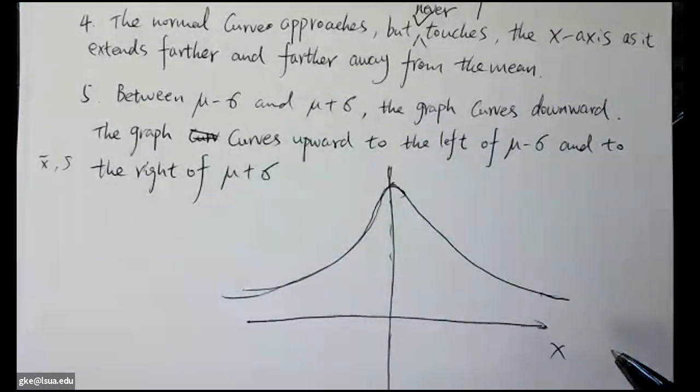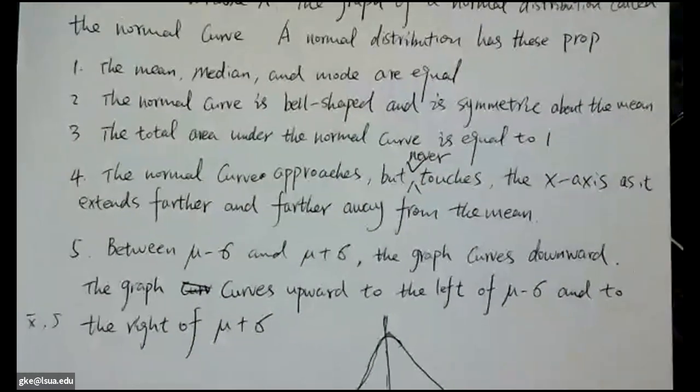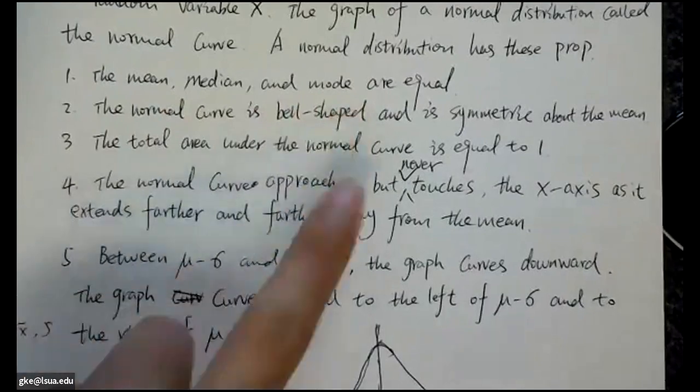That is x-axis. Okay. Now let's take a look. The first property tells us the mean, the median, and the mode are equal.